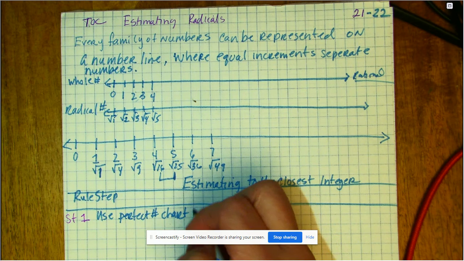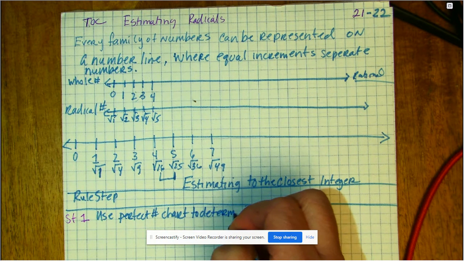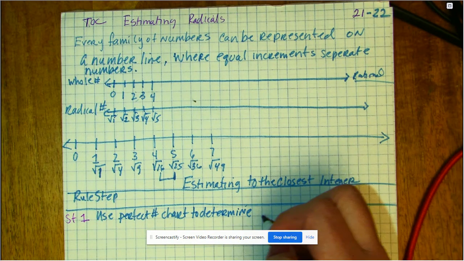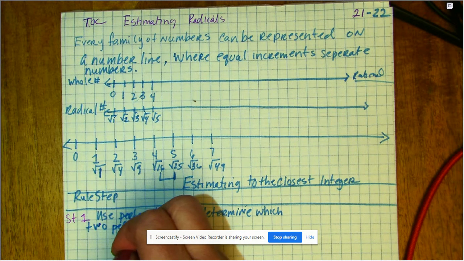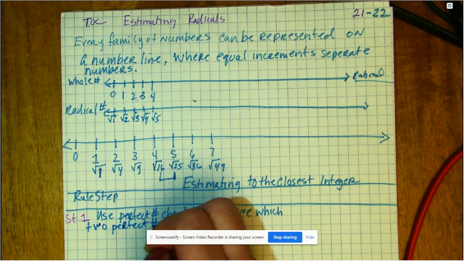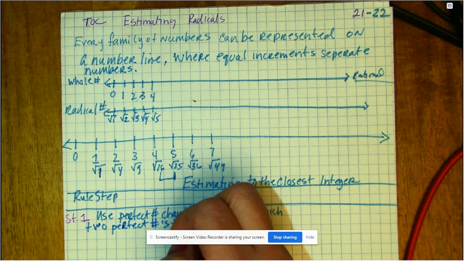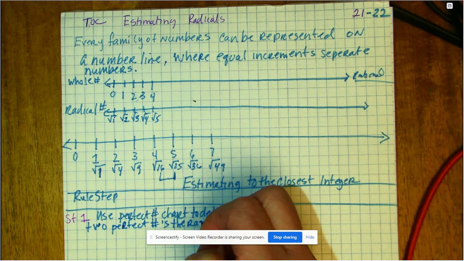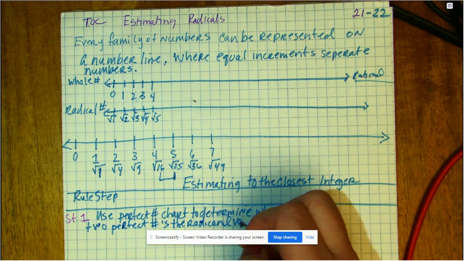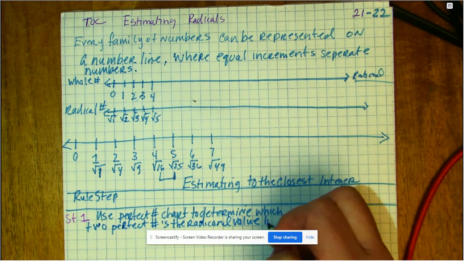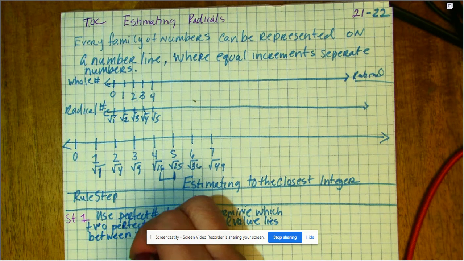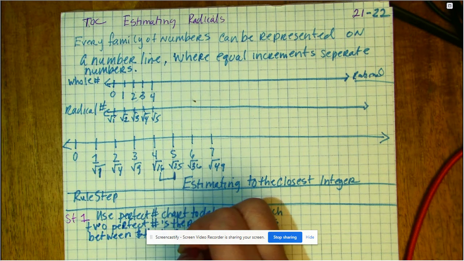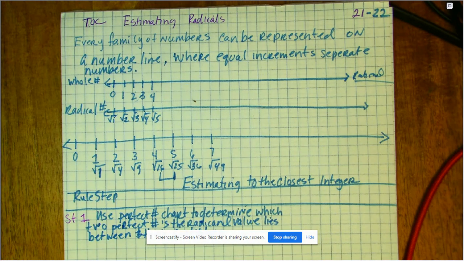Use the perfect chart to determine which two perfect numbers the radicand value lies between and their root values. Okay, so that is step number 1.